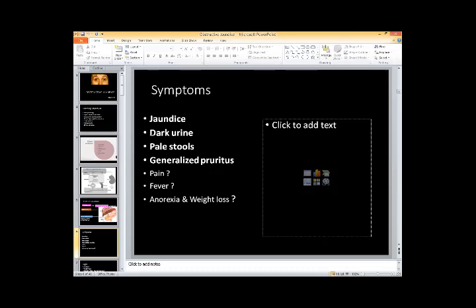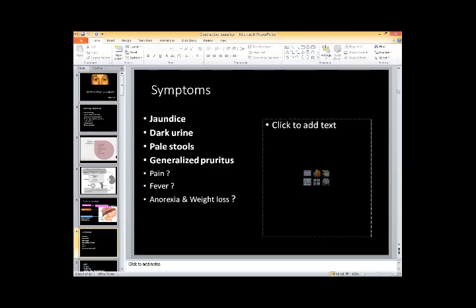Actually, the conjugated bilirubin is responsible for the color of the stool; the yellow or slightly yellowish color of the stool is because of the bilirubin itself.